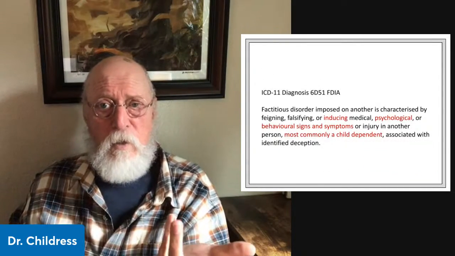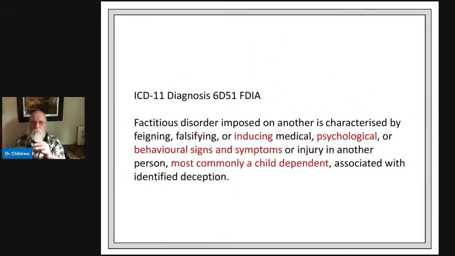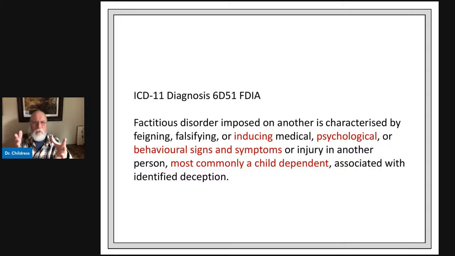So what's your diagnosis? Now, here's the diagnostic criteria for a factitious disorder imposed on another from the ICD-11. It's 6D51. It's 300.19 in the DSM-5. A factitious disorder imposed on another is characterized by feigning, falsifying, or inducing medical, psychological, or behavioral signs and symptoms or injury in another person, most commonly a child dependent, associated with identified deception.